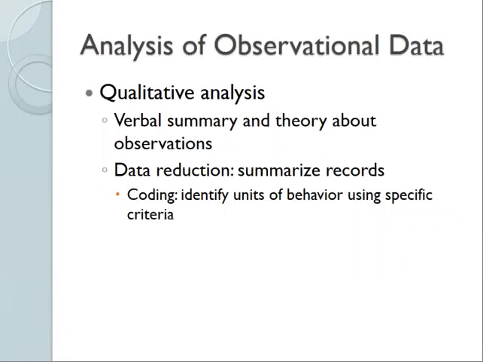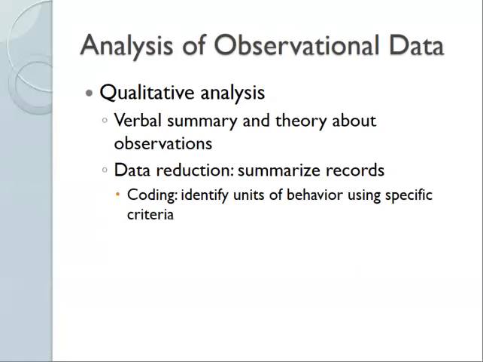And there are 2 general types of analysis. Qualitative analysis is about describing behavior, typically with words and not statistics, and developing a theory in a more organic way that explains observed behavior. When you're doing qualitative analysis, your data reduction is going to involve summarizing records through narrative records.